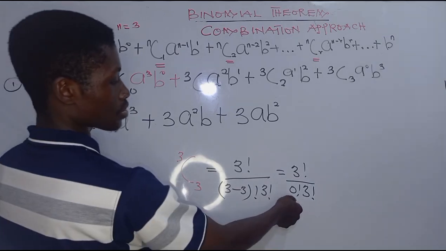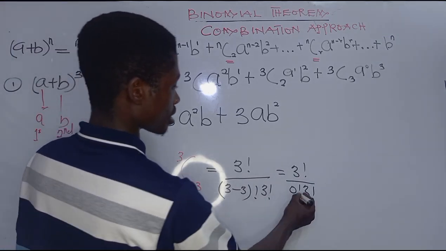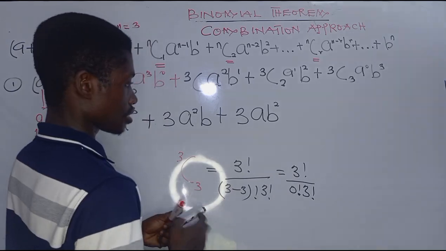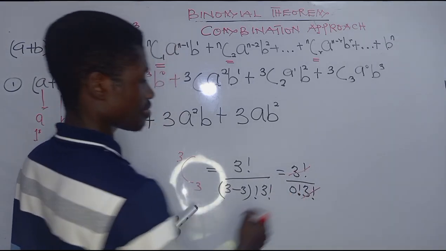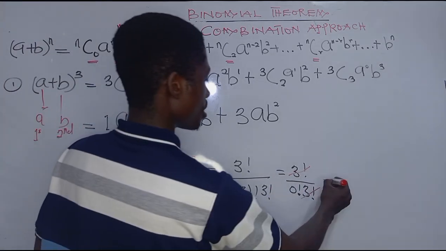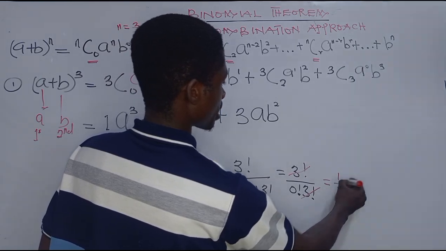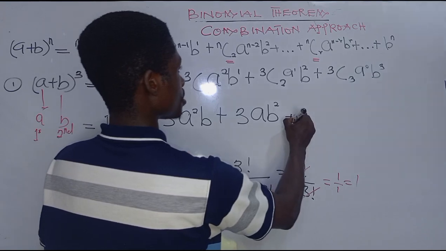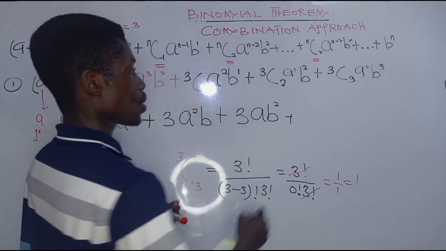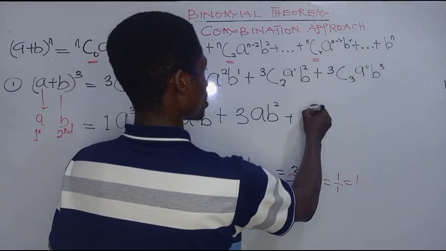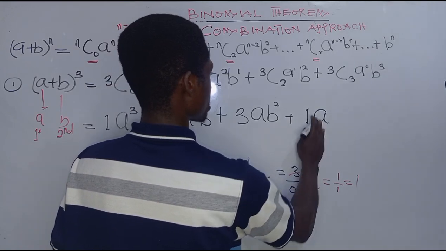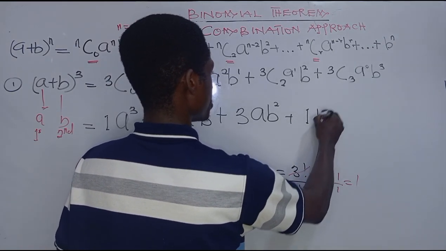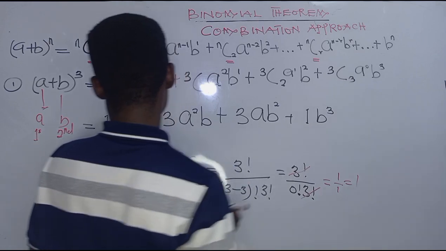We know that 0 factorial will give you 1. So 3 factorial will cancel 3 factorial. We are left with 1 over 1, and that gives you 1. So 3 combination 3 is 1. And then A raised to the power 0 is the same as 1, and then B raised to the power 3.